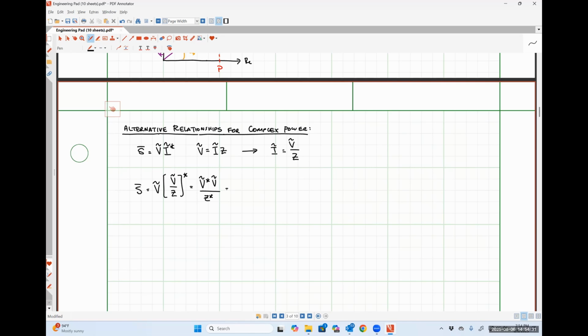Now, if any of you have your notes handy from when we talked about complex numbers, gosh, this would have been about 2 weeks ago at this point. Does anybody remember what happens when I multiply a complex number by its conjugate?